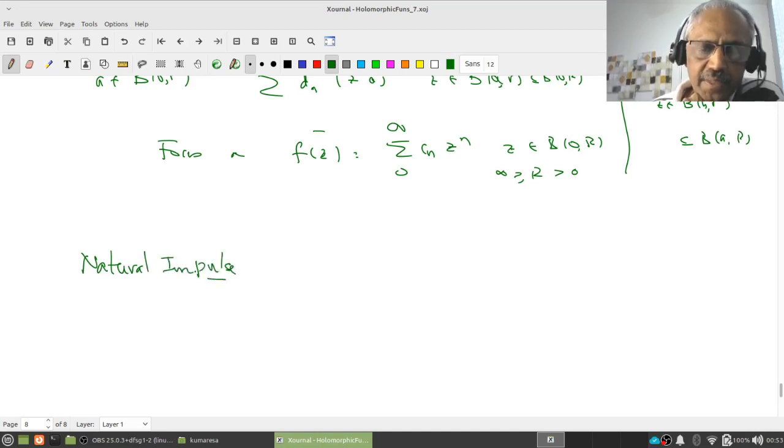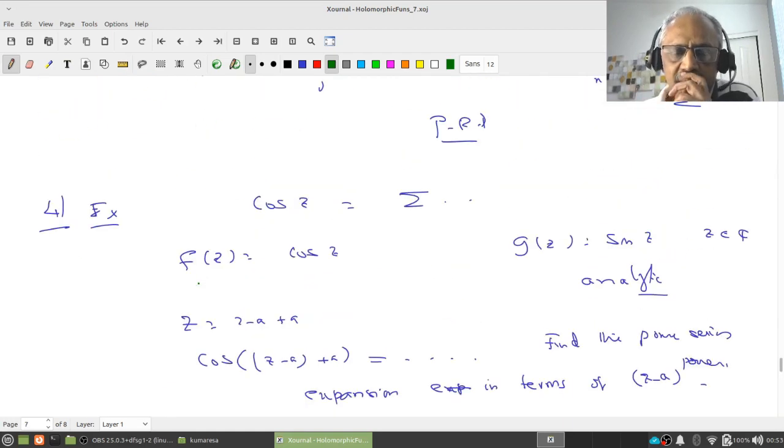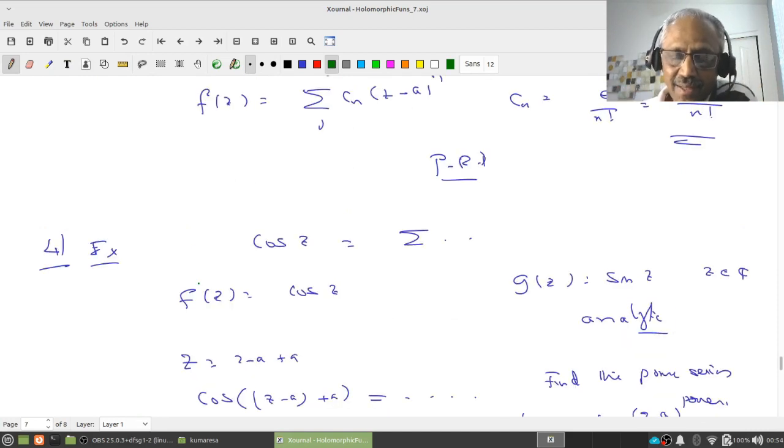See, remember when we had the exponential function or cos function, we used the property of the function rather than something to do with the power series directly to get the desired power series expansion in terms of z minus a. Please follow. Don't be mesmerized by my words, by my sentence.